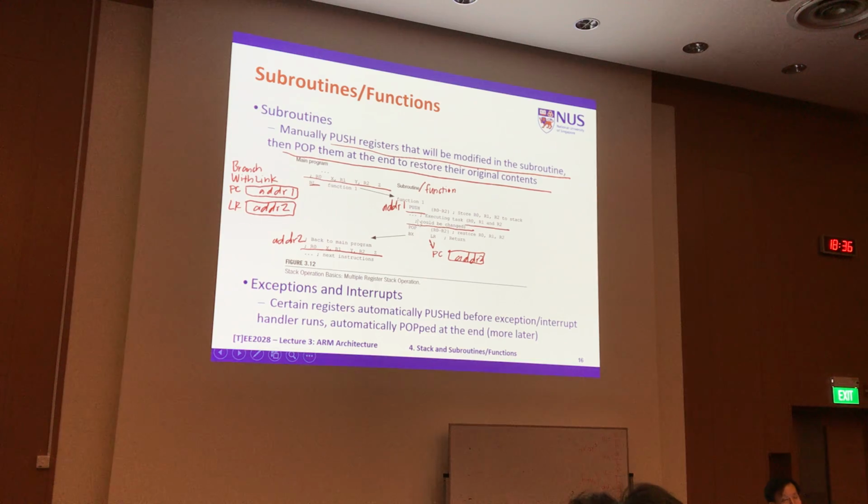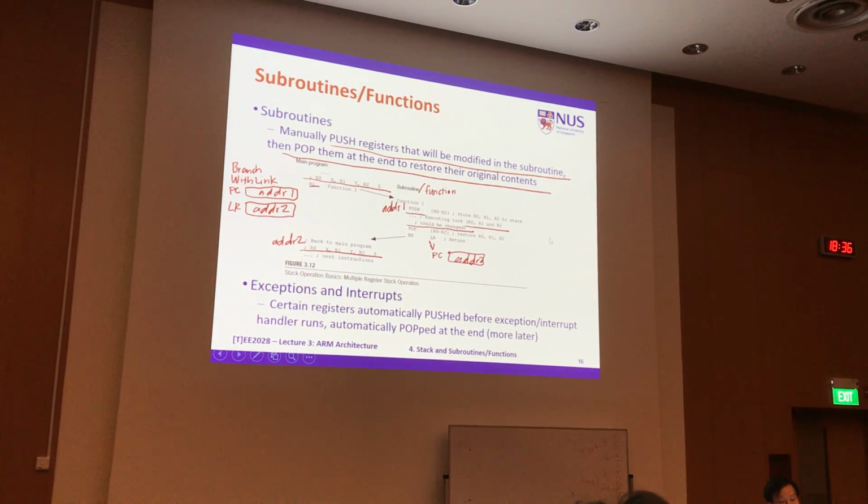So how would you avoid that? Actually, in the next subroutine, you make sure you push R14 as well. Or rather, you actually should push R14 even here, because if you do it in that next one, it's too late already.